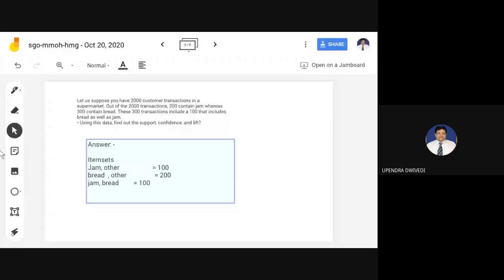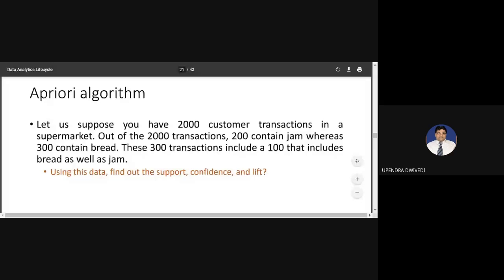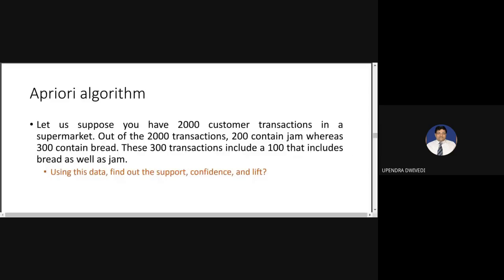So I don't think it is a problem to calculate. The total number of transactions is 2000. Amarthi, bread is included in two places, so it will be included in 300 transactions.